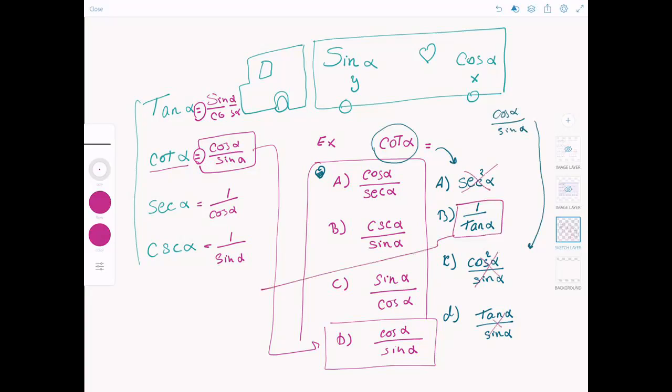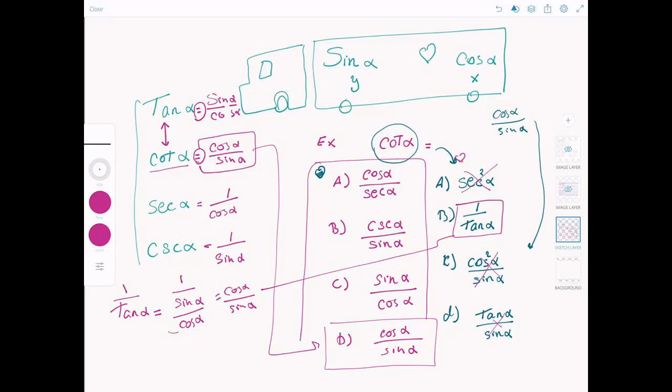Why is that? Tangent of alpha equals sine of alpha over cosine of alpha. If I take the reciprocal of this, it will be cosine alpha over sine alpha. So B is correct. Again, this is something you should know or have in your note sheet, that tangent and cotangent are reciprocals of each other.